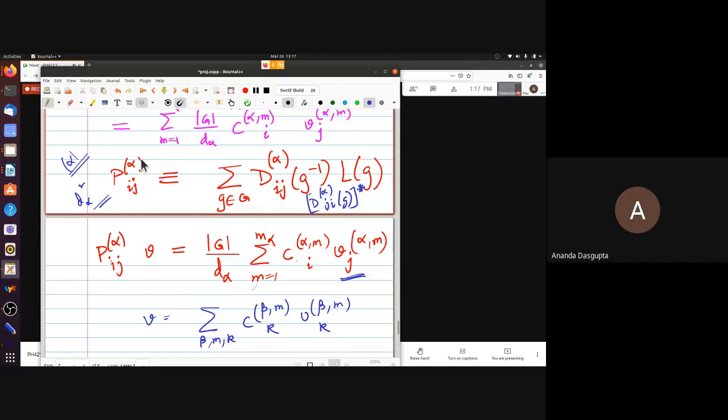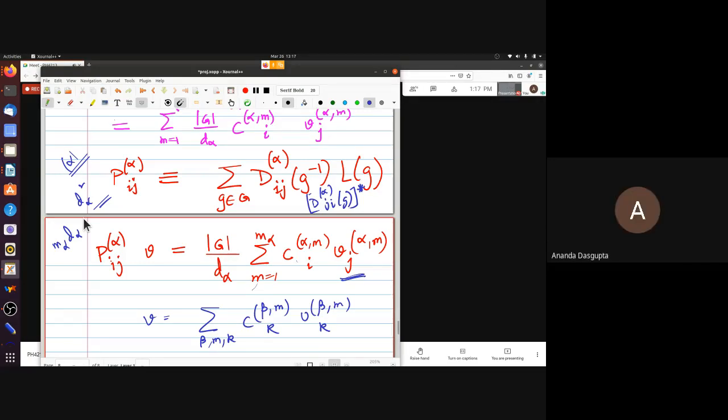And of course, how many basis vectors do I have in the alpha theorem? It's actually M alpha times D alpha, right? Because you have M alpha copies of those.